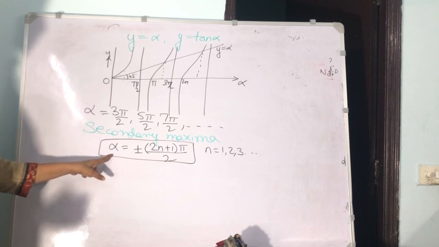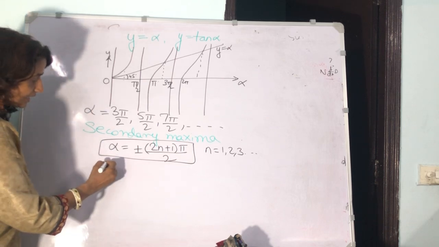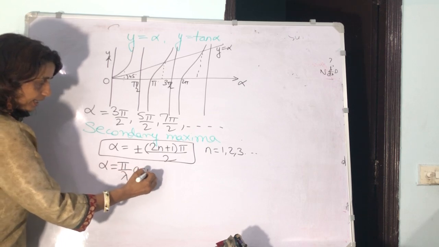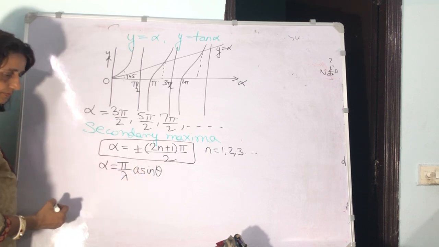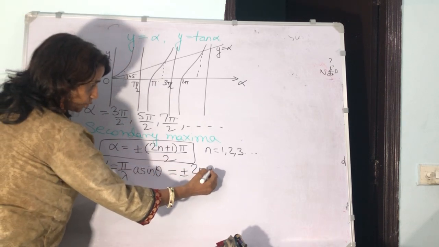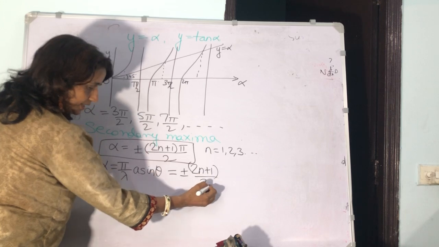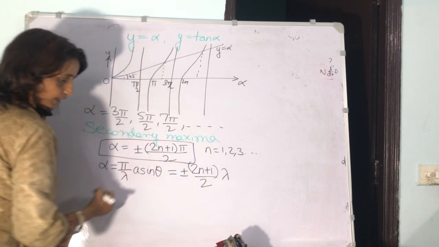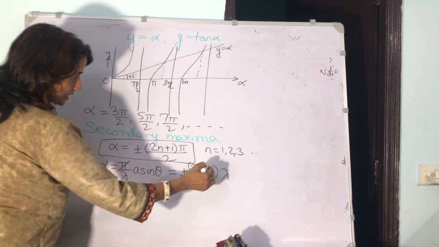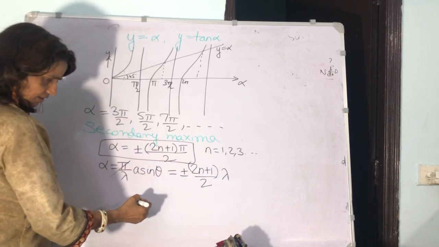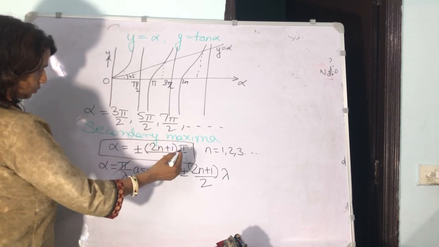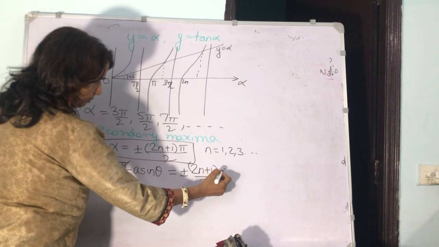And what had we assumed alpha as in the beginning? Alpha was assumed as pi by lambda a sine theta. So this has been equated to plus minus 2n plus 1 divided by 2 into pi.